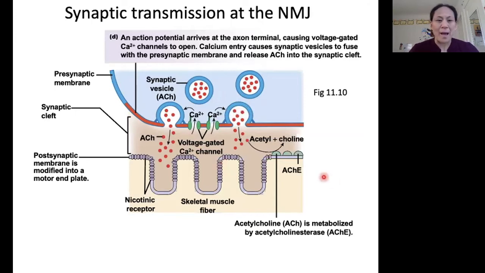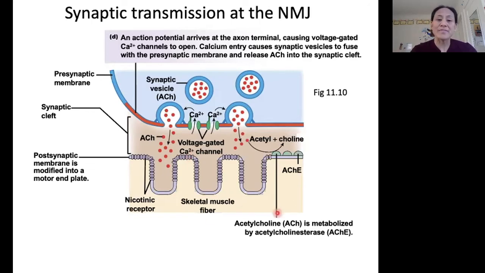Let's talk about what happens on the skeletal muscle side. When the skeletal muscle receives this neurotransmitter signal, we have opening of these nicotinic acetylcholine receptors. That's going to cause ion movement across the membrane, which causes a depolarization of the membrane.